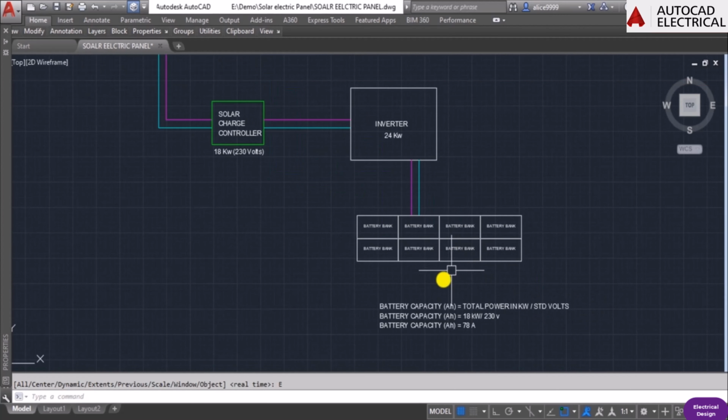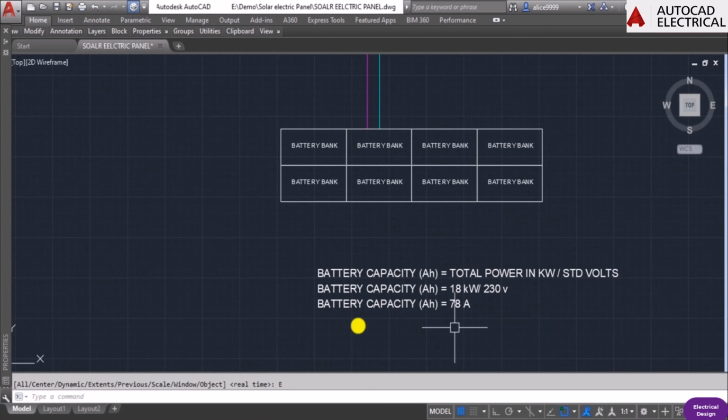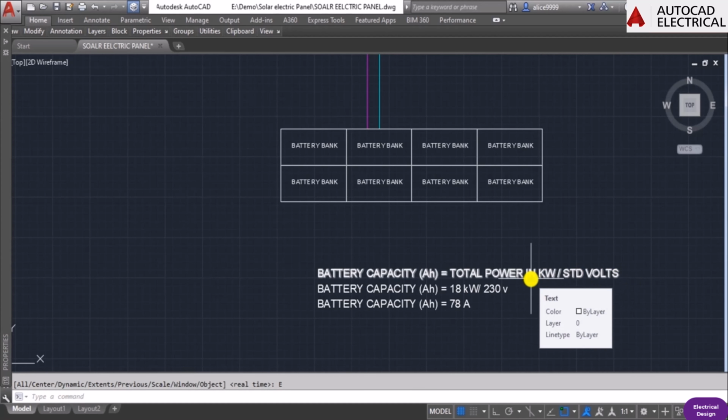So this is the battery bank's battery capacity: total power in kilowatts divided by standard volts. The standard volts is around 230 volts and the entire power demand is 18 kilowatts, so the battery capacity is 78 ampere.